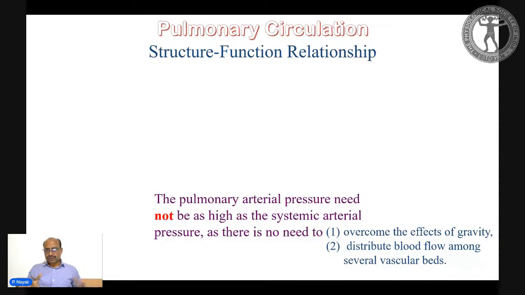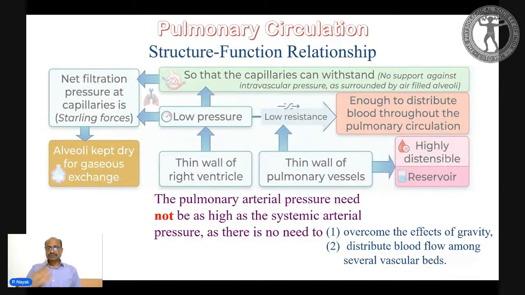There are a number of vascular beds within the systemic circulation, whereas in pulmonary circulation we have only one vascular bed. So the resistance is less, gravity load is less, so minimum pressure is required, sufficient to run the pulmonary circulation, and this matches the systemic circulation.